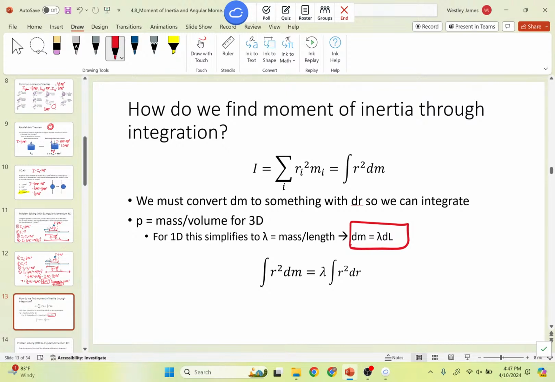Why is it lambda dl? Lambda is density. Lambda is one-dimensional density, so it's mass divided by, in this case, length. Two-dimensional density is sigma, mass over area. Three-dimensional density, the one you are most familiar with, is mass over volume.